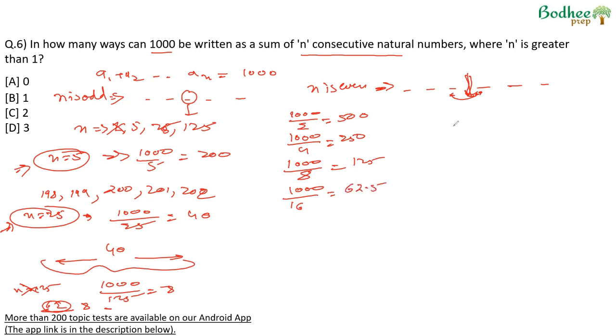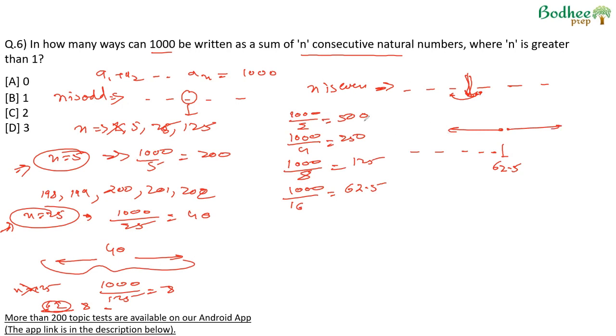This is possible. Now, if I write 16 consecutive numbers with average 62.5, there have to be 8 numbers which are less than 62.5, 8 which are greater than 62.5.